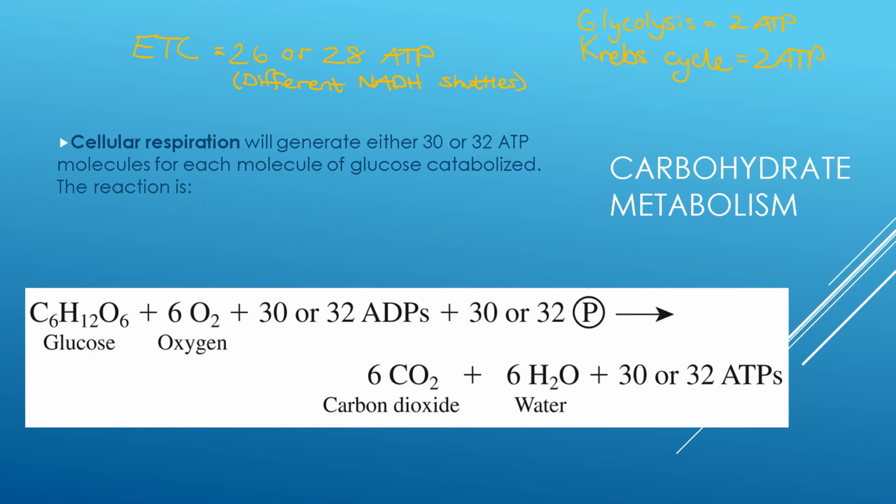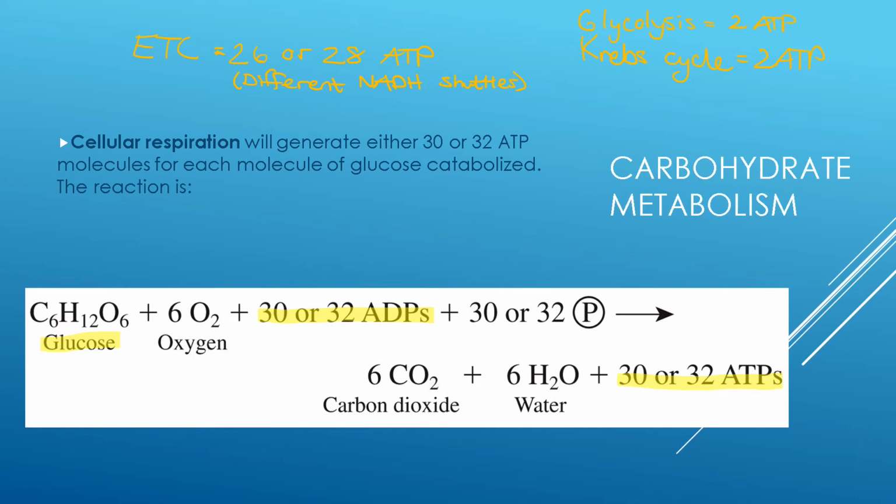And so if we add all those up, we're going to get a total of either 30 or 32 ATPs produced from 30 to 32 ADPs. And this is from each molecule of glucose starting out.